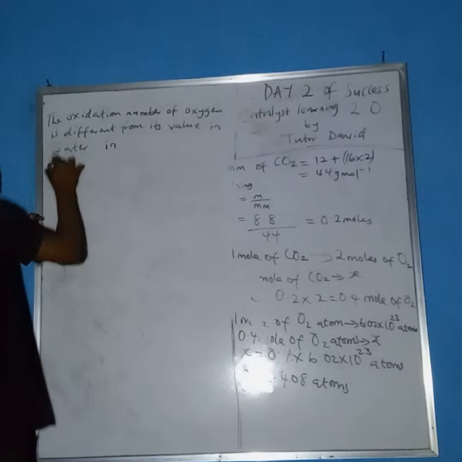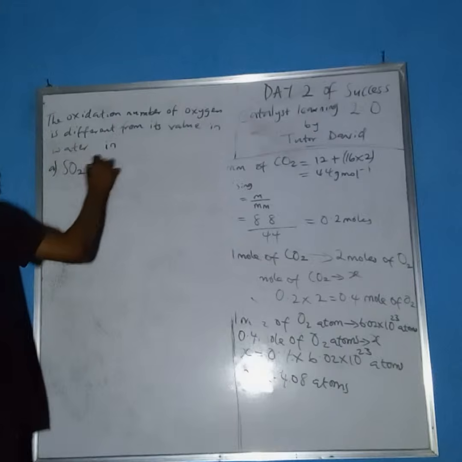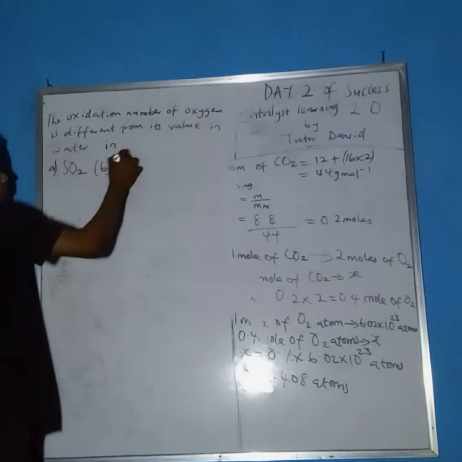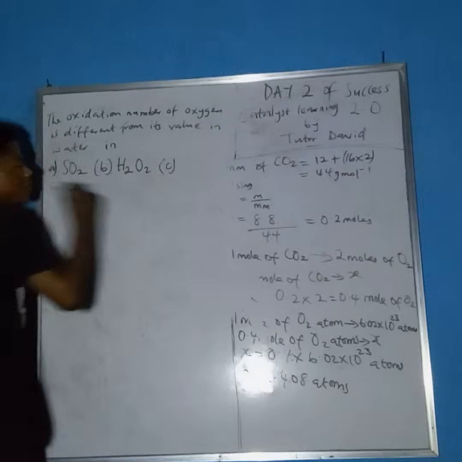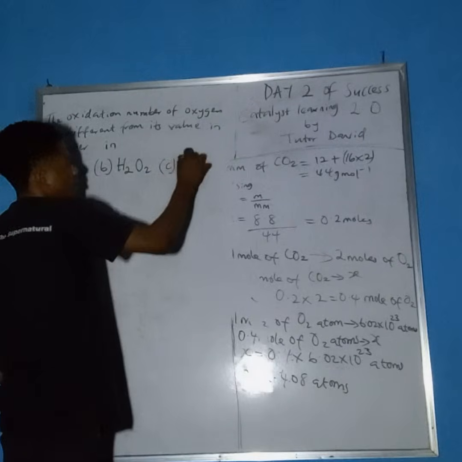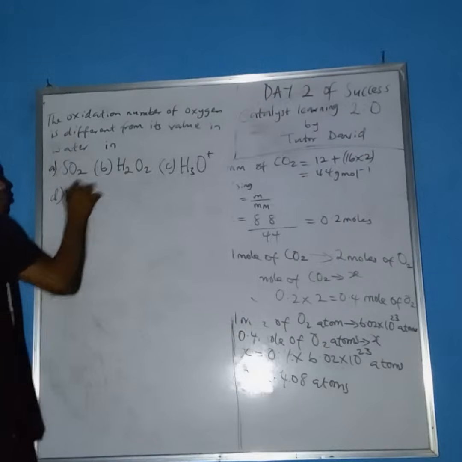Option A is SO2, option B is H2O2, option C is H3O plus, and option D is OH minus.